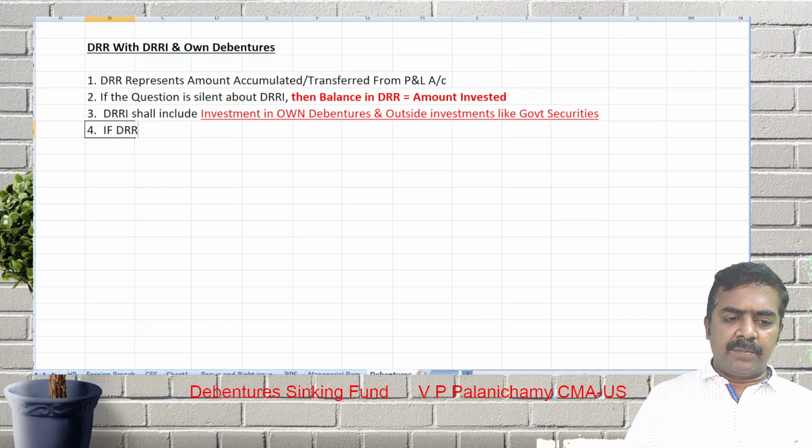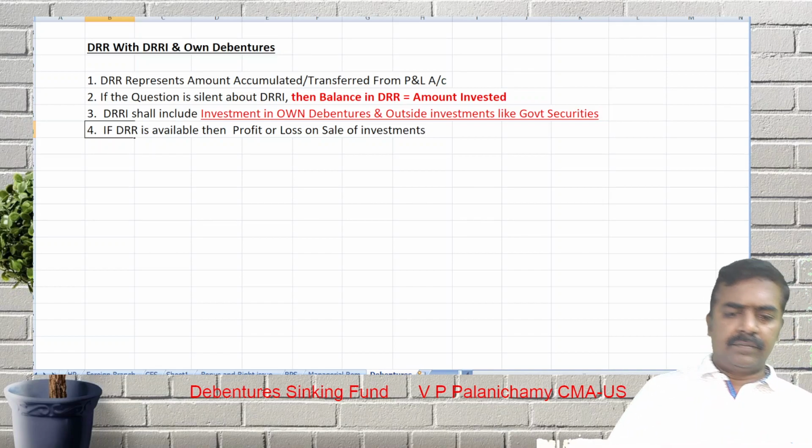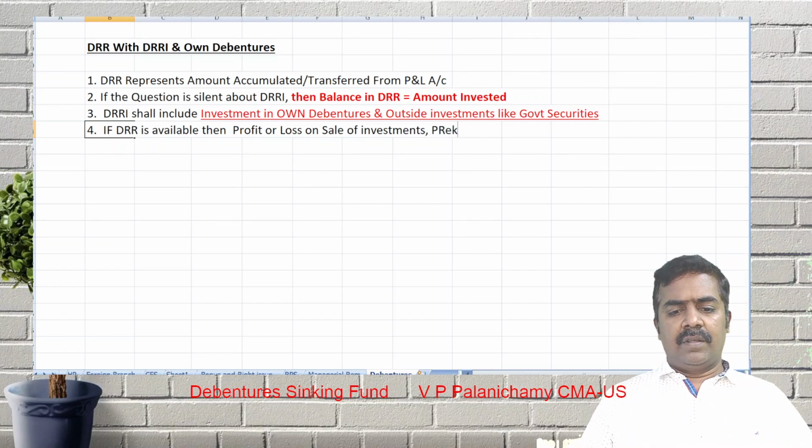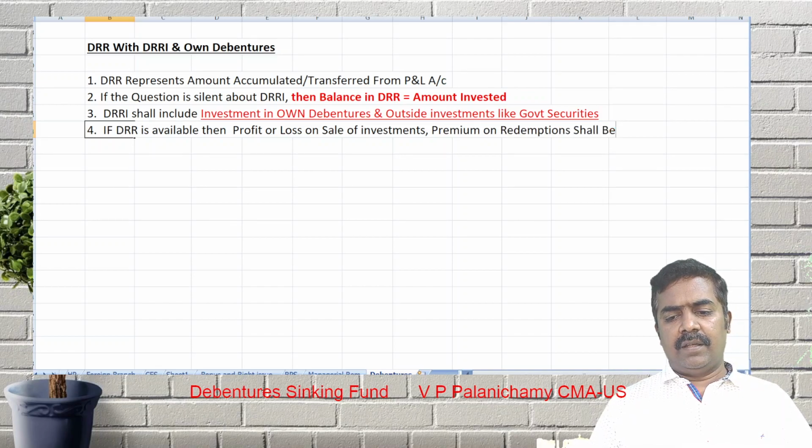Next, number 4. If debenture redemption reserve is available, then profit or loss on sale of investments and premium on redemption shall be adjusted with DRR.